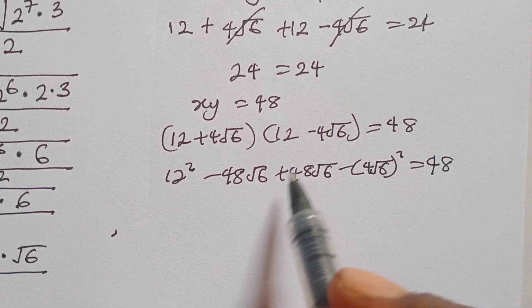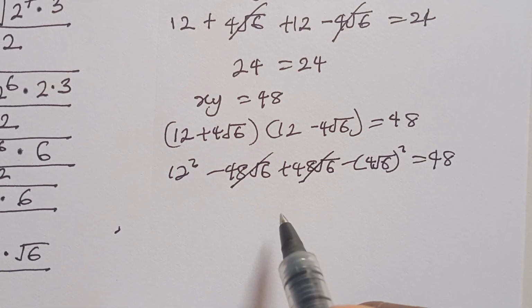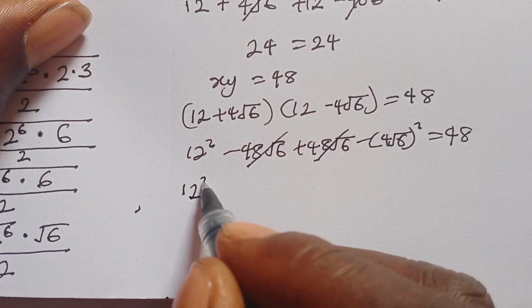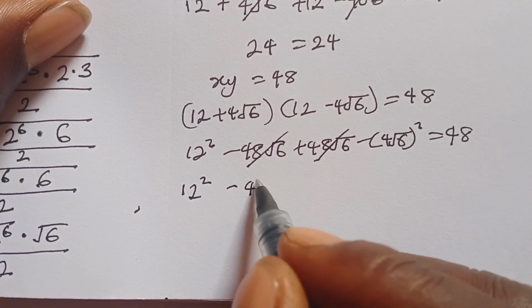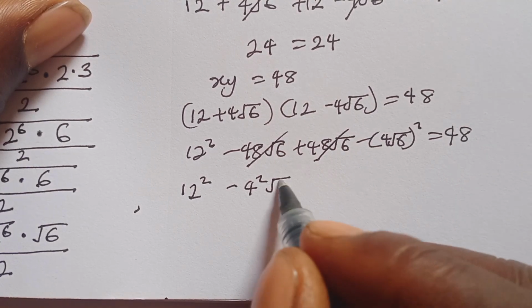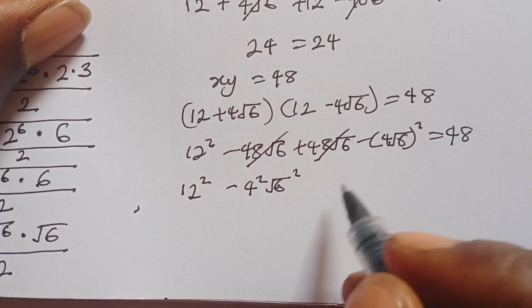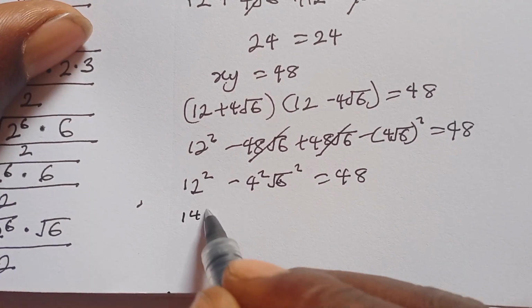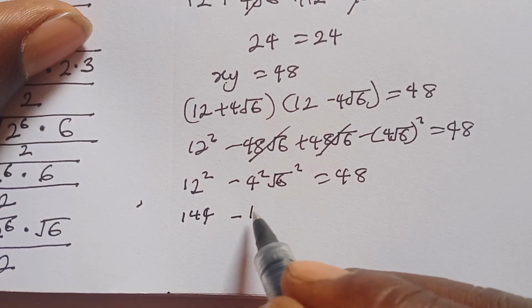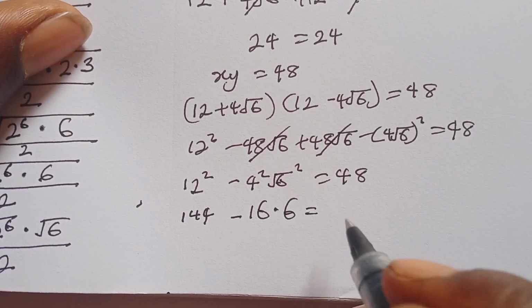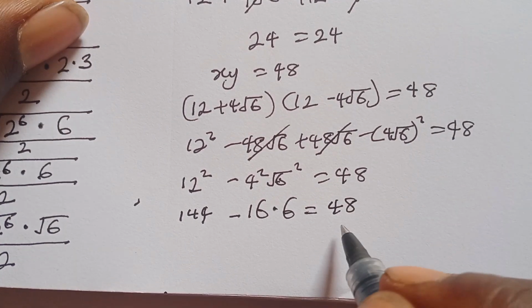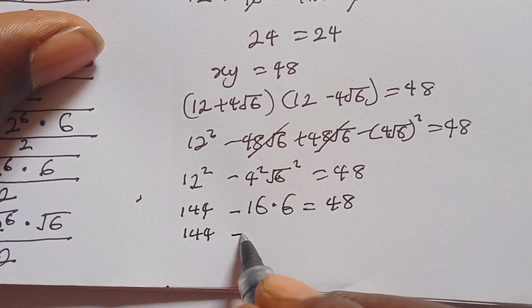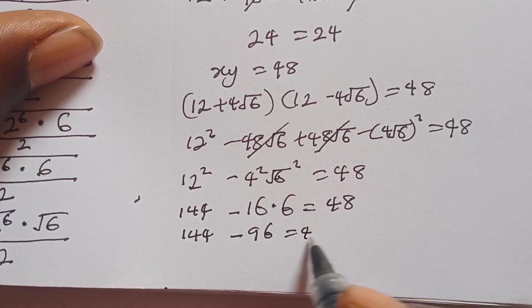Yes. Minus 48 root 6 cancels out plus 48 root 6. Therefore, 12 squared minus 4 squared, then square root of 6 squared. If you use the square to open the bracket, it is now equal to 48. So therefore, 12 squared is 144 minus 4 times 4 is 16. So the square will cancel out the square root, you are left with 6. And if you do 144 minus 16 times 6, that will give us 96, now equal to 48.